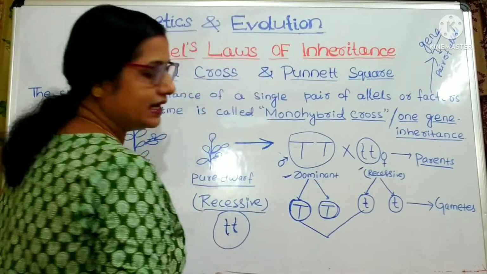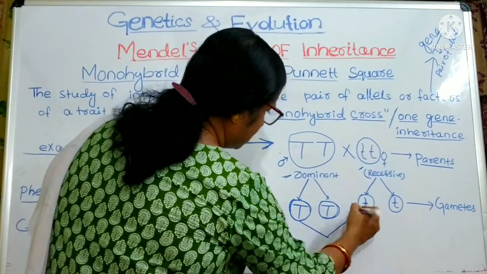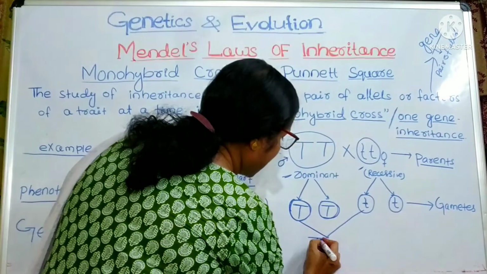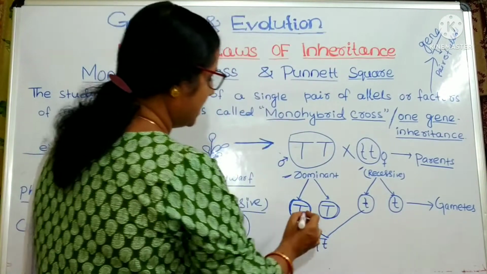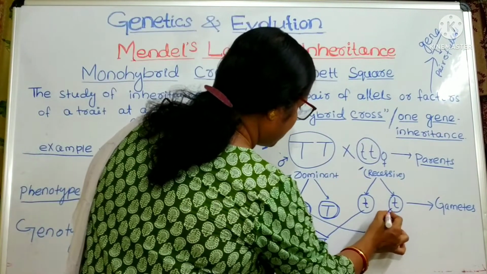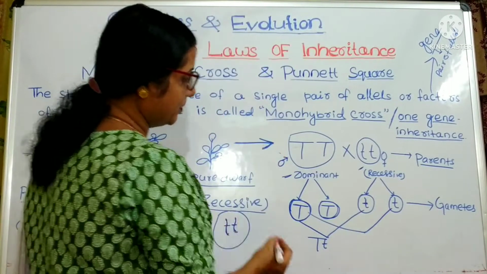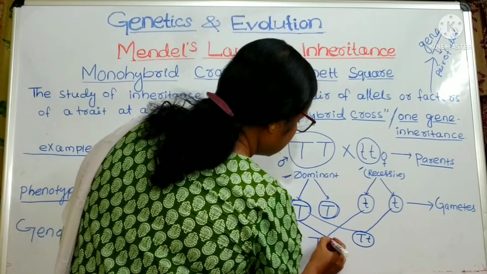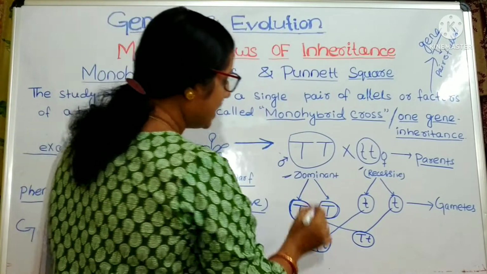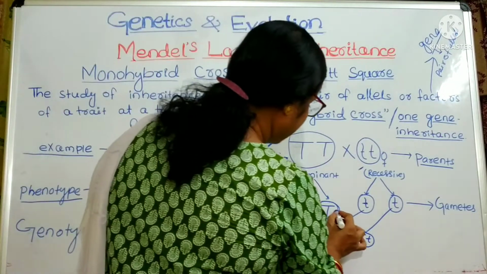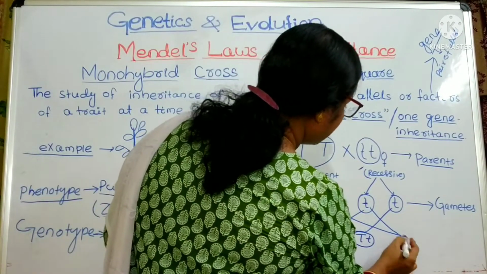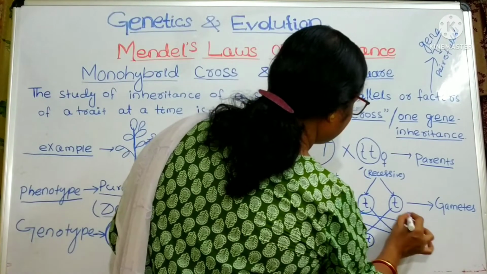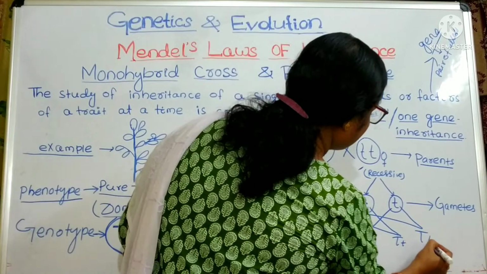First, capital T fuses with the gamete from the mother or female, small t, to produce capital T small t. Again, this capital T fuses with another small t to produce another zygote. Another capital T again fuses with one small t, and another small t.